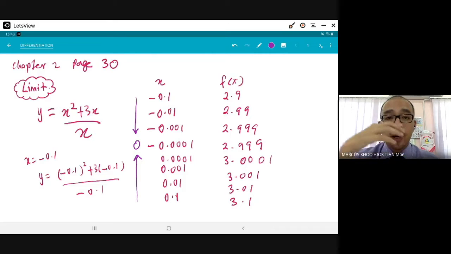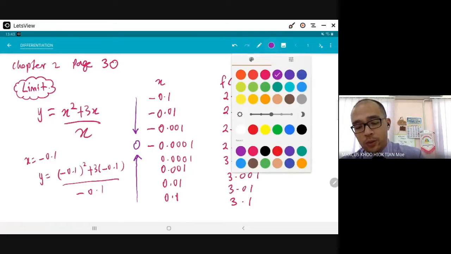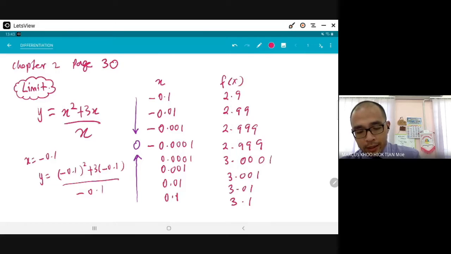And we see what happens in fx, what happens in the value of y. Ini nombor ni makin lama makin besar dan seolah-olah menghampiri nombor 3. Begitu juga dengan nombor ini. When x is getting smaller and smaller, nearing 0, we find that y is approaching the number 3.